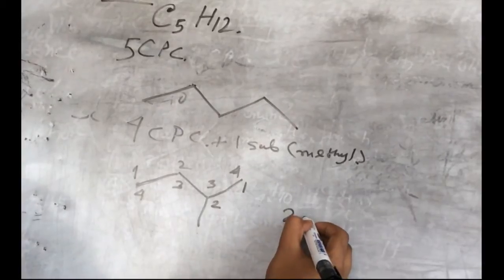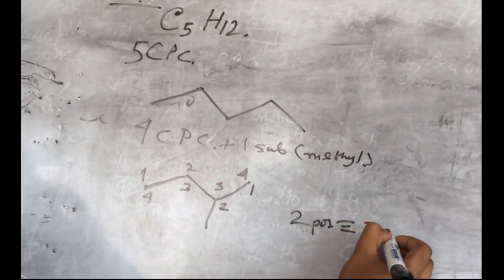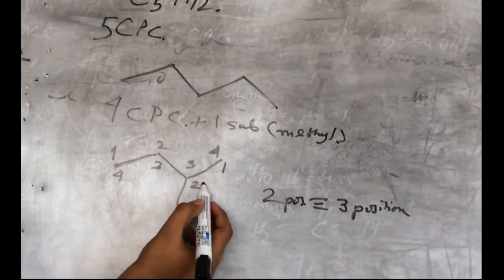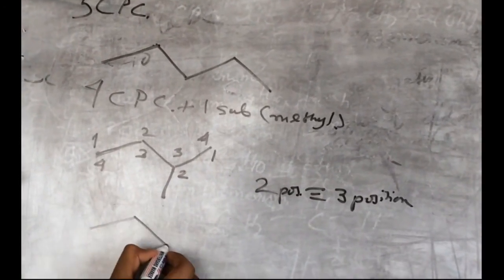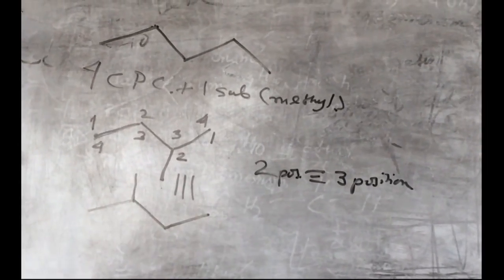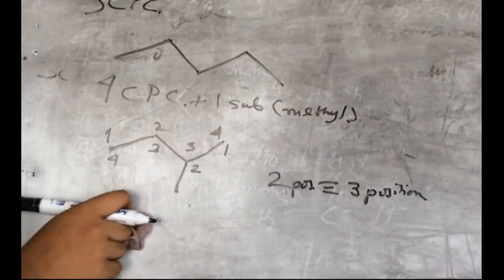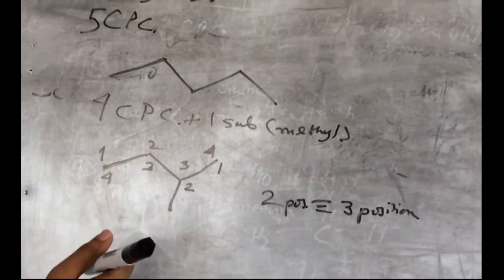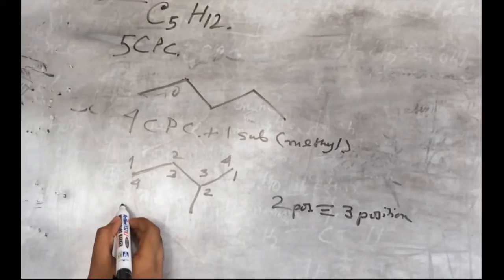This 2 position is equivalent to 3rd position. So you can place the substituent here or here, but both are equivalent to each other. So we get only one 4 CPC and 1 substituent isomer.